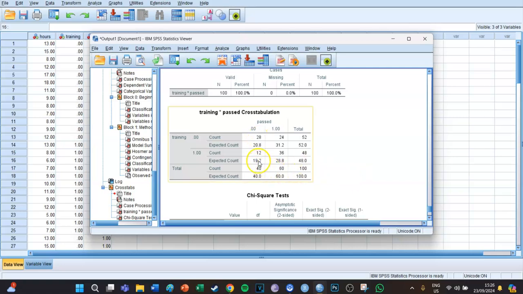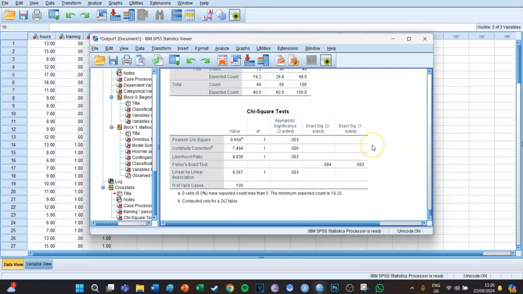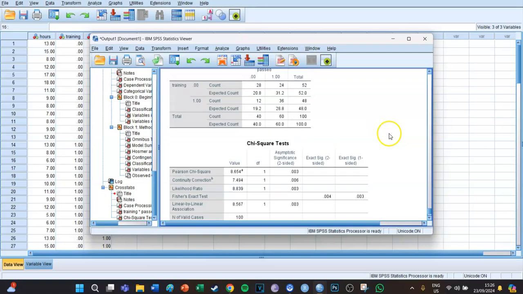And for example, the people who took the course but didn't pass should have been 19, but in reality it was 12. Therefore, if you take a look at the Pearson chi-square, we can see that the significance level is 0.003. So there is a significant relationship between whether you took the training and whether you passed the test or not.